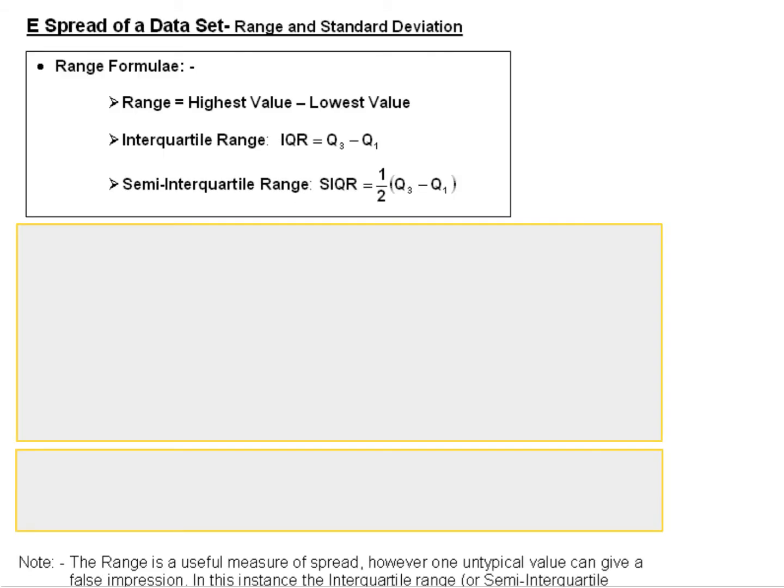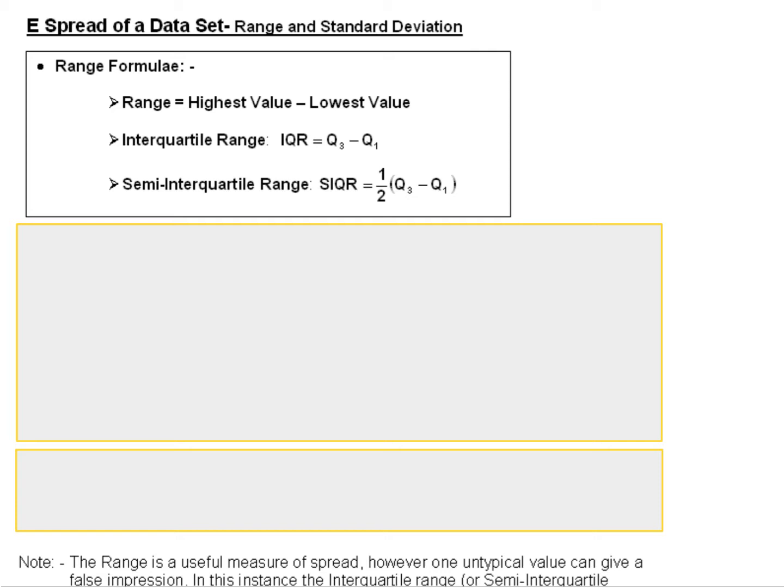So the range formulae that we have worked with so far, the most basic one being the highest value in the list, subtract the lowest value in the list. Slightly harder is the interquartile range, where you do your upper quartile take away your lower quartile. And your semi-interquartile range, remember that a semicircle is half a circle, so your semi-interquartile range is half your interquartile range.